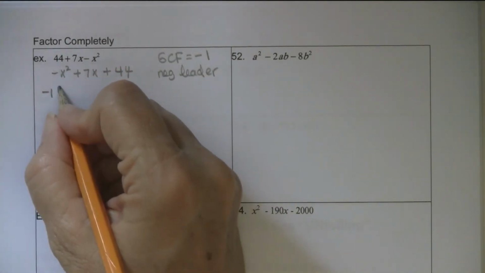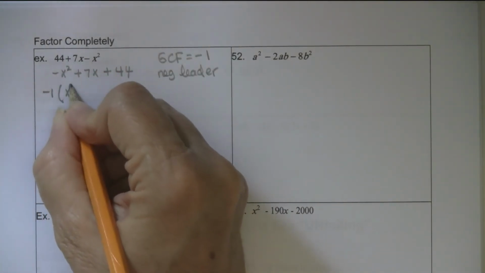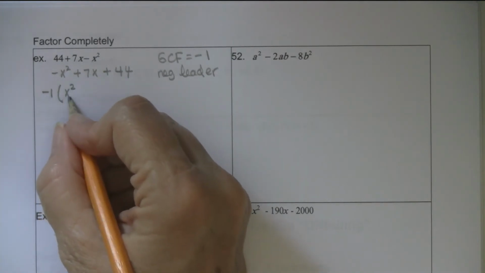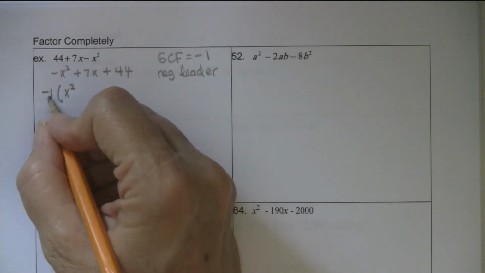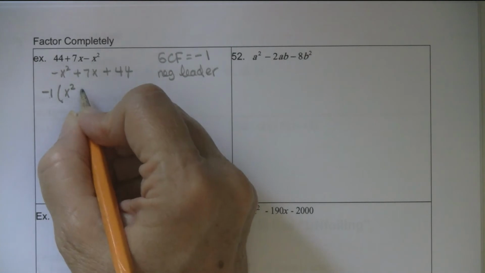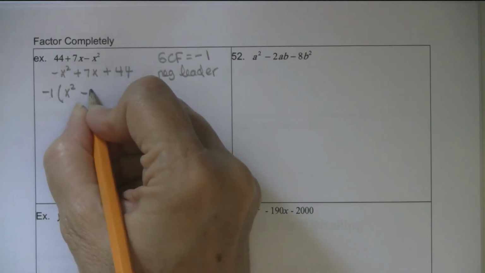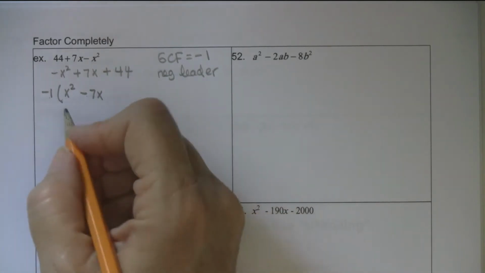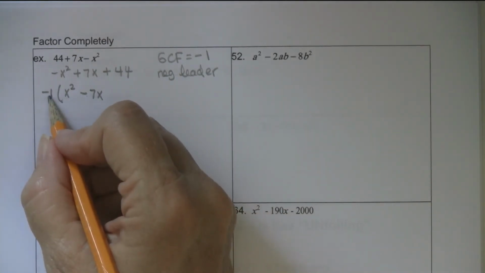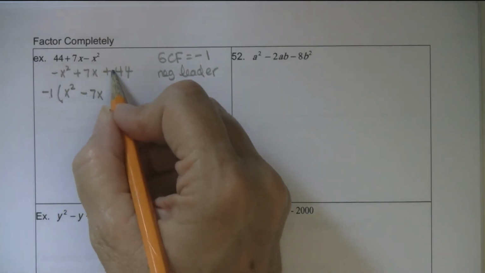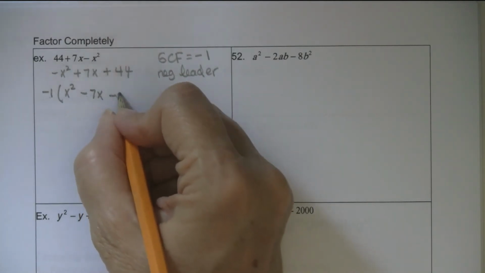I'm going to put the negative 1 here. I'm going to get x squared. Now, negative 1 times x squared is negative x squared. Negative 1 times what would make positive 7x? Yeah, a negative times a negative makes a positive. And so this is just going to change the signs. A negative times what makes a positive? Well, a negative.